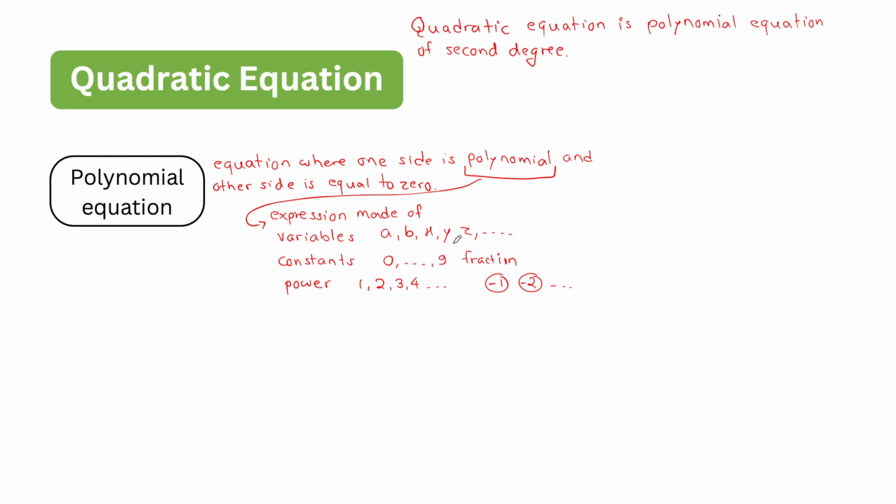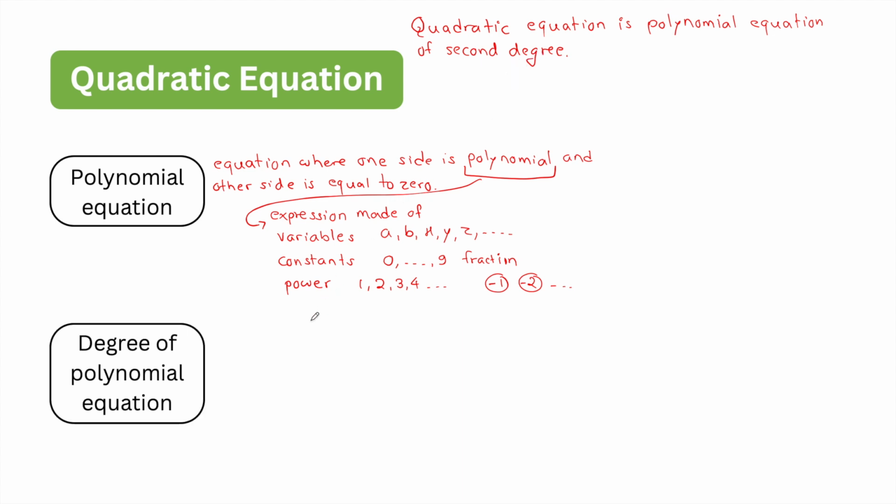Now let's understand another thing, that is degree. The degree of a polynomial equation is the largest exponent of the variable.